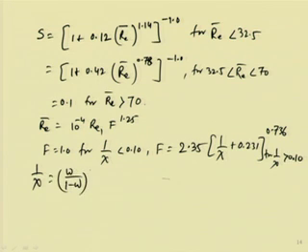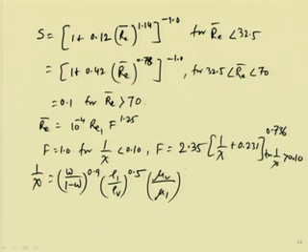I have discussed already, it is 0.9 into (rho_L by rho_V) all to the power 0.5 and (mu_V by mu_L) whole to the power 0.1, where h and F are the factors.